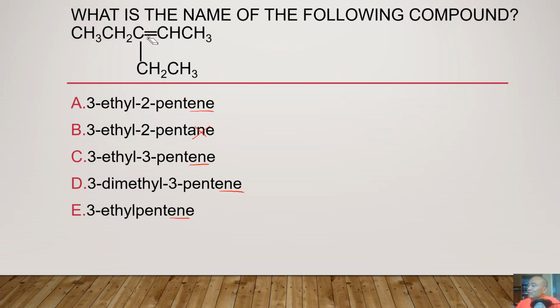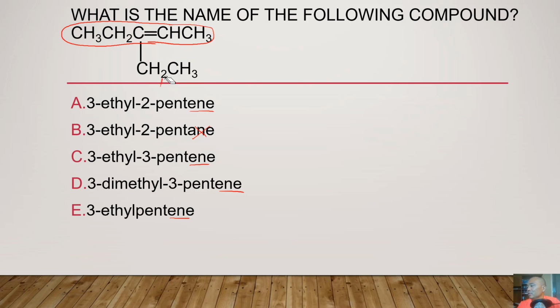When you name this compound, remember you must have the longest carbon chain which contains the double bond. So that means this end must be included. Going either way, this is the longest chain. When you draw the other one over here, that's also the same number of carbons. So either way, it will be correct.